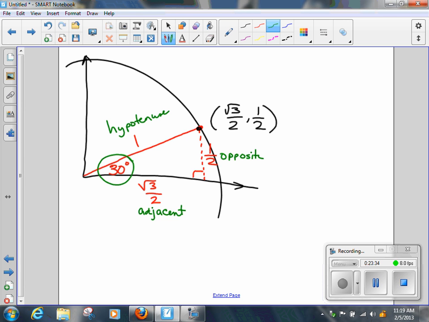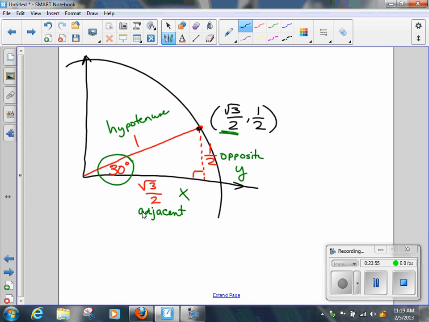How do I get my x value? How do I get root 3 over 2? It's my horizontal distance. That's my x value. How do you get your y value? If it's not the horizontal distance, it has to be the vertical distance. Okay? Now bear with me just a few minutes.